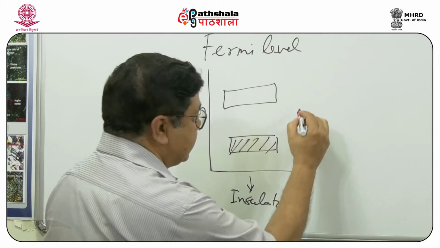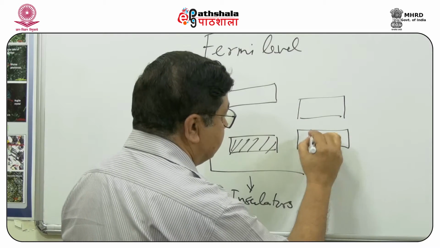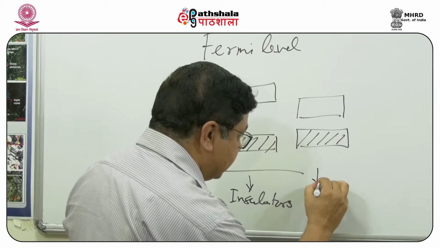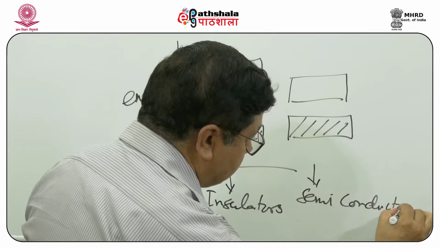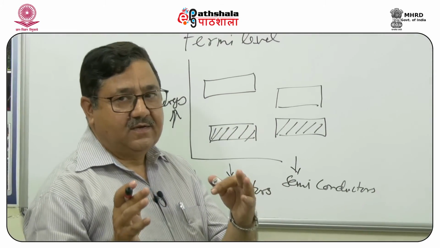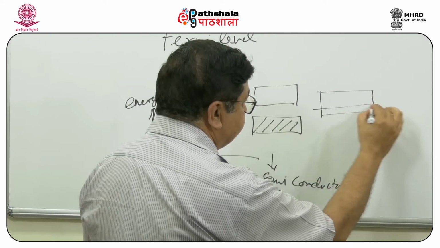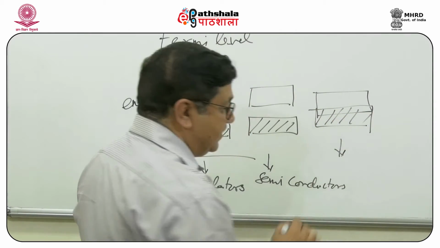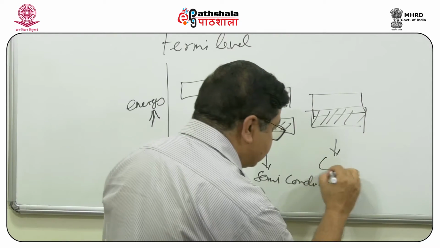If this separation is less, then they act as semiconductors, and if the valence and the conduction band overlap partially like this, then these elements actually act as conductors.